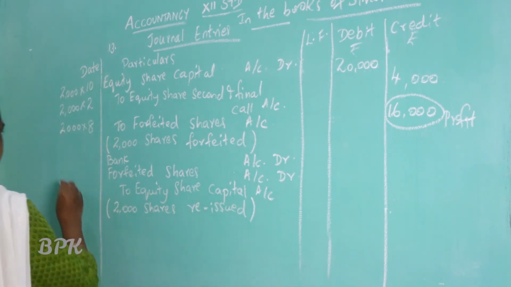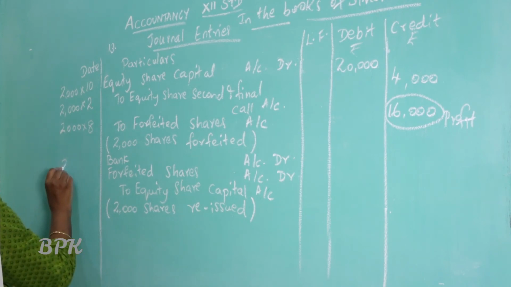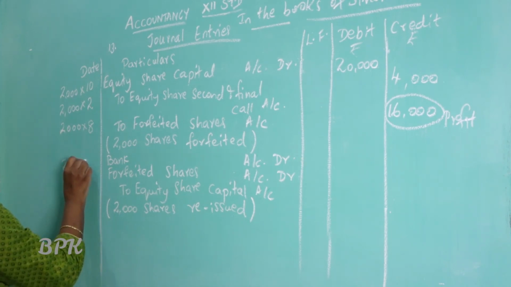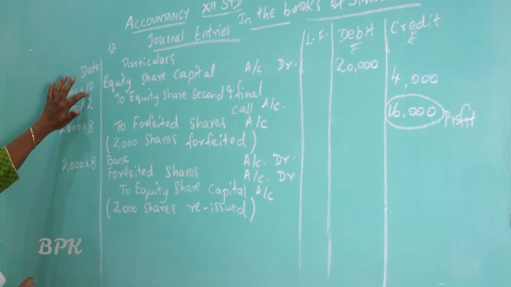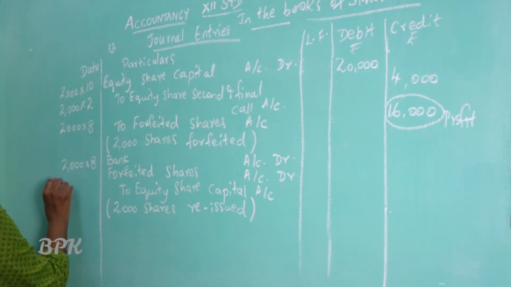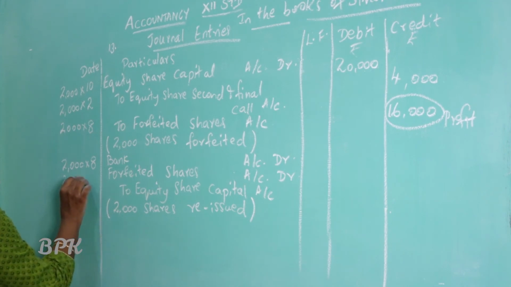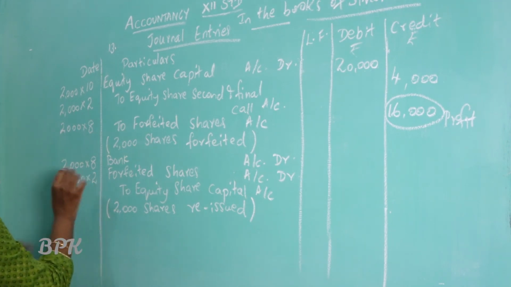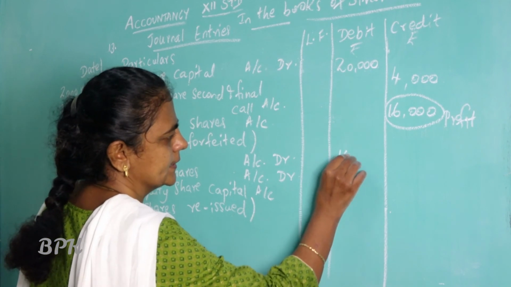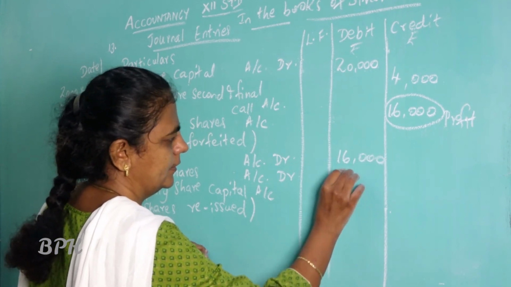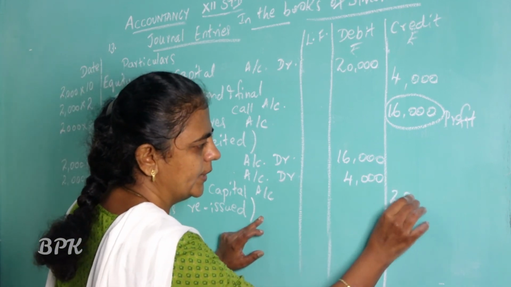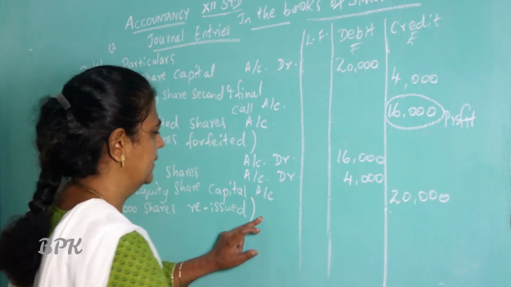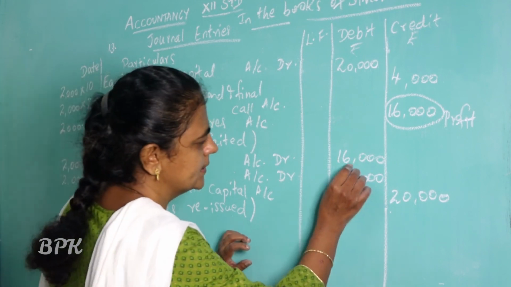So now these 2,000 shares are given for 8 rupees. It is 10 rupees, but we are giving for 8 rupees. So your loss is 2 rupees. 16,000, 4,000, 20,000. So this is a loss on reissue.